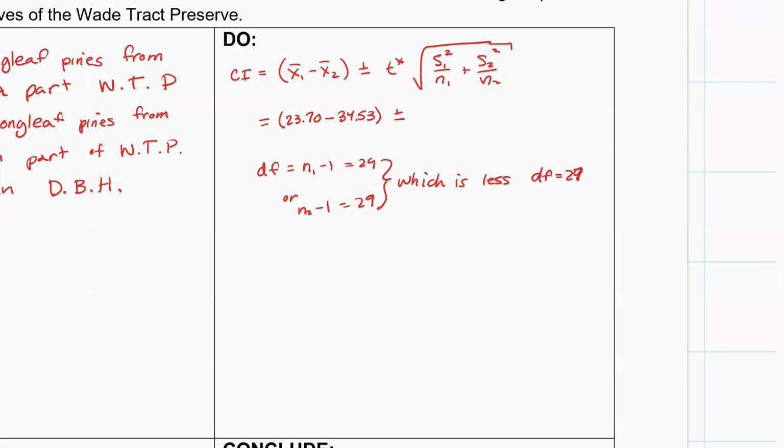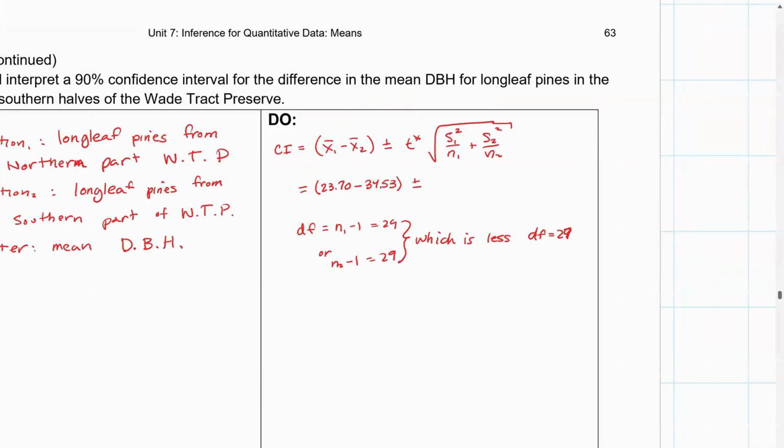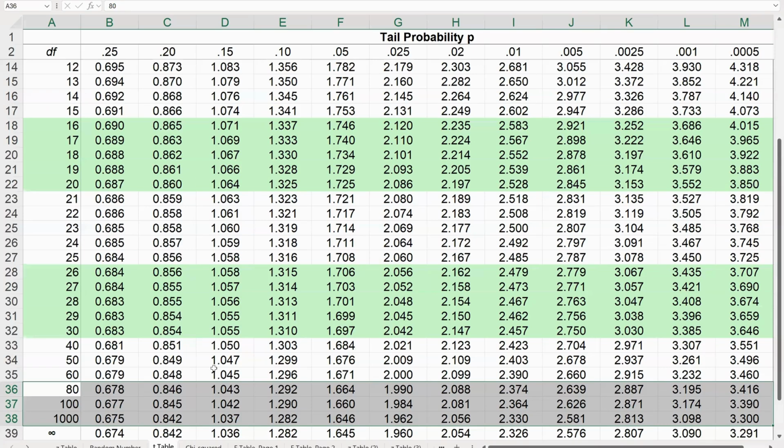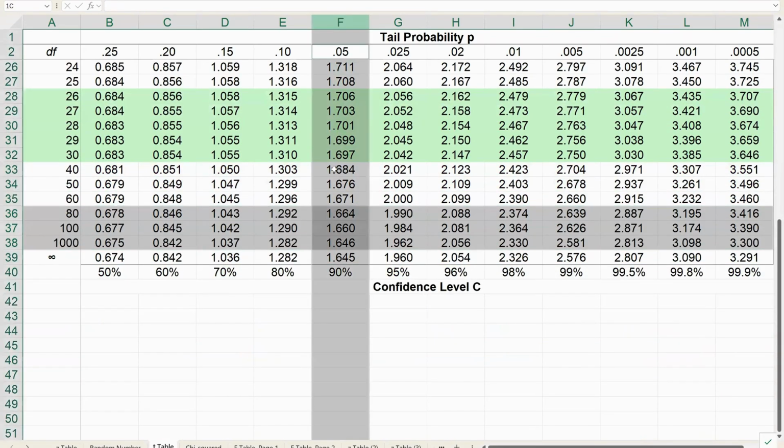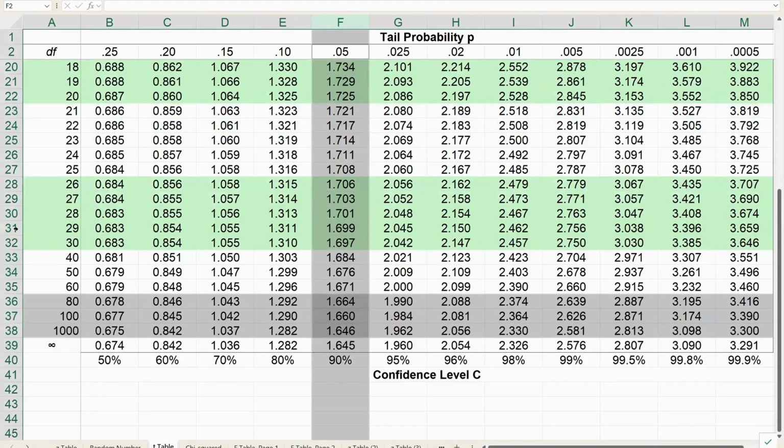So we're looking at 29 degrees of freedom, and we want to do a 90% confidence interval. So we'll switch over to our t-table. We'll go to 90% confidence. We'll go to 29 degrees of freedom, and we see that the t-star value is 1.699.